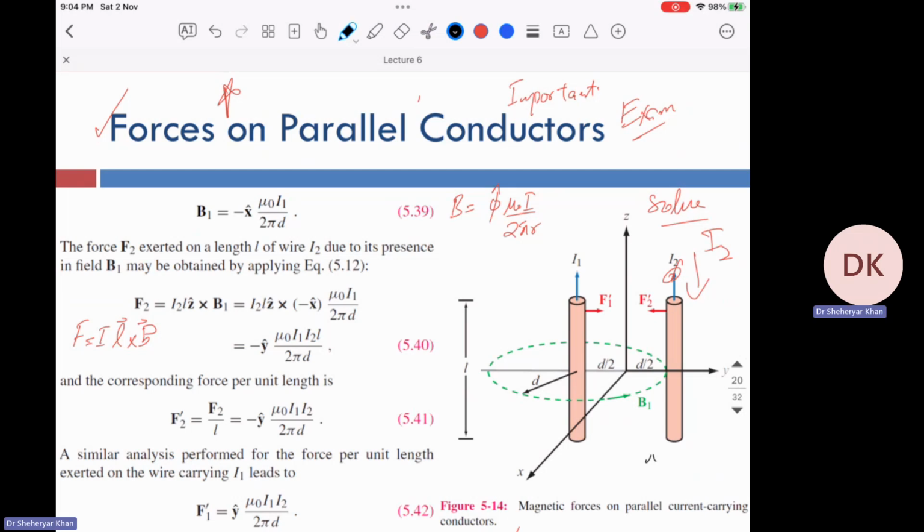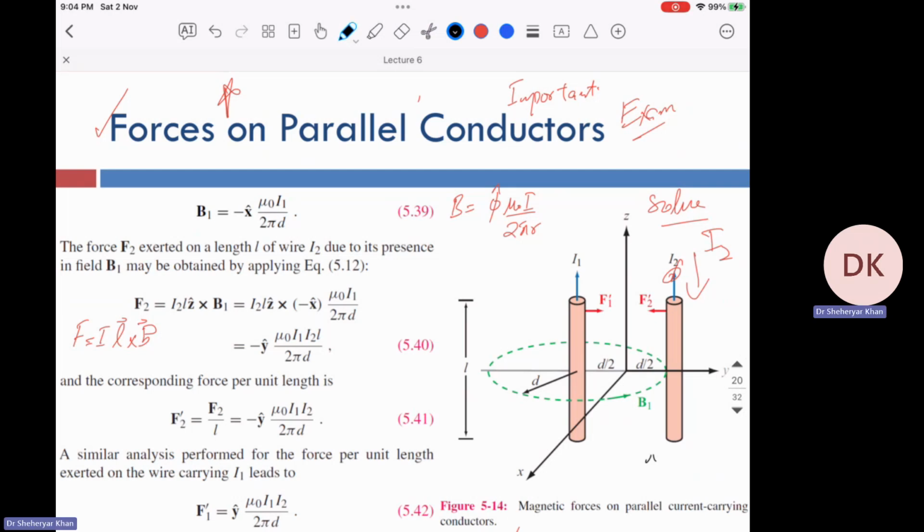Okay. Now, second one, we have to compute the force due to this current carrying conductor, and the field is this one. Now, remove everything and just consider you have a field. Right? So this current is moving up, and we have to find out F2. F is equal to I L cross B. That's what we learned.